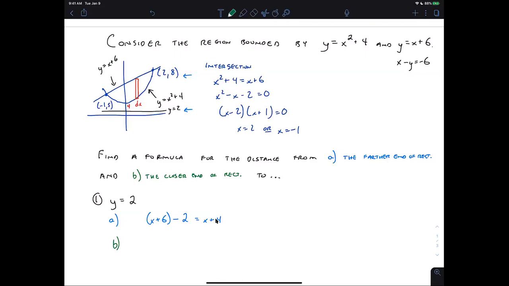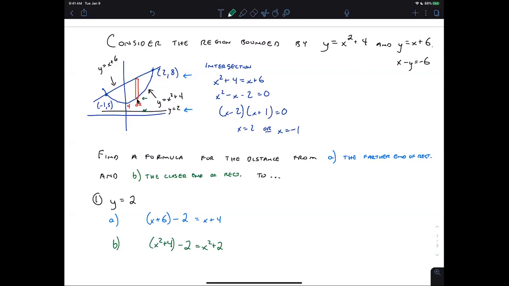All right, and so this is now the distance from the closer end, so the bottom of the rectangle to right there. And so again, that's a vertical distance. So we take the top y, but the top y is the bottom of the rectangle. So this is the top y, this is the bottom y. Top y is x squared plus 4. Bottom y is 2. And that simplifies to x squared plus 2. Does everybody follow that?